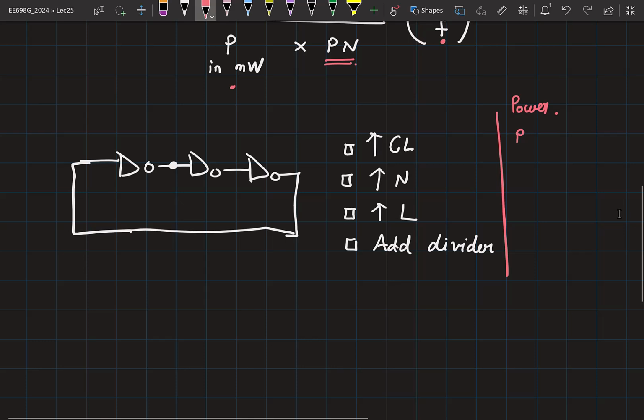It was the same when you increase the number of stages. Same. When you increase the length? Root M. This became root M. And in the last case, this is P0 plus some P divider.